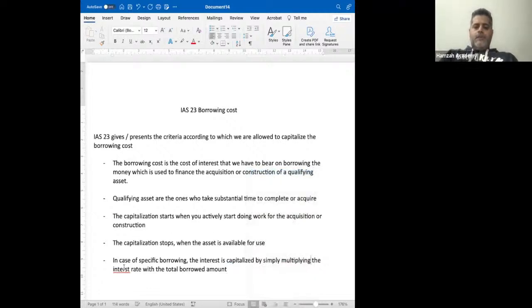So in case of specific borrowing, what you have to do is simply multiply it with the borrowing rate that you had, and then you have the interest cost, right?